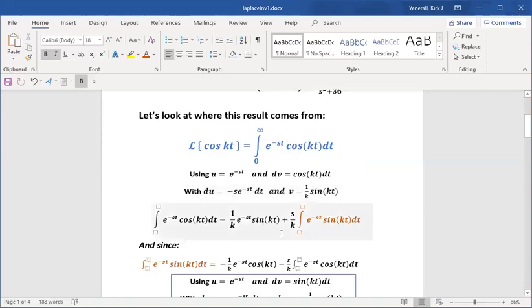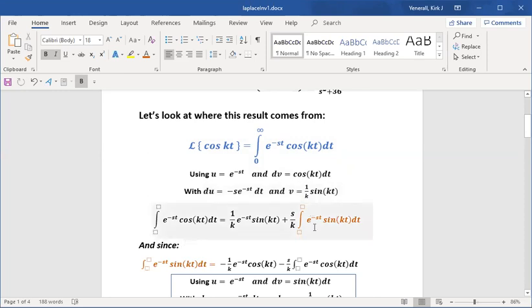So as we're subtracting the integral of v du, that's really like adding an integral here, since we're subtracting a negative. And note the factors of s and 1 over k here that don't depend on t. So here we've pulled those out front as plus s over k. And what's left over in the integral of v du is a negative exponential times a sine.